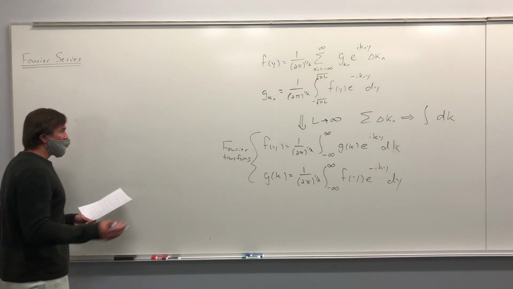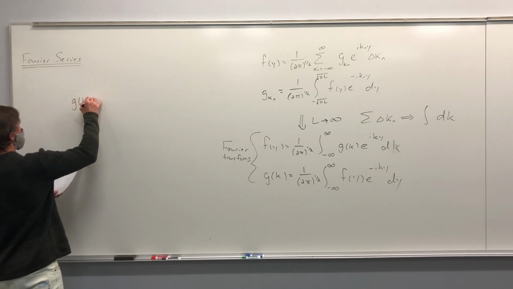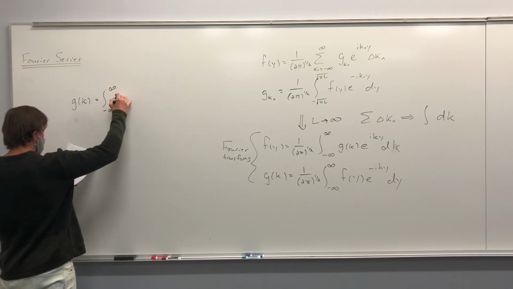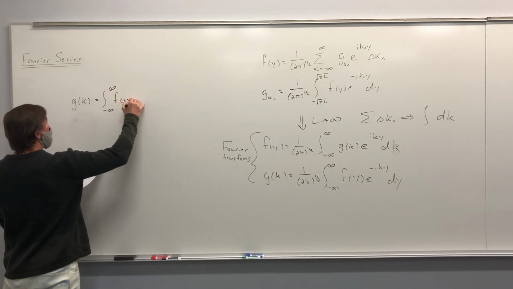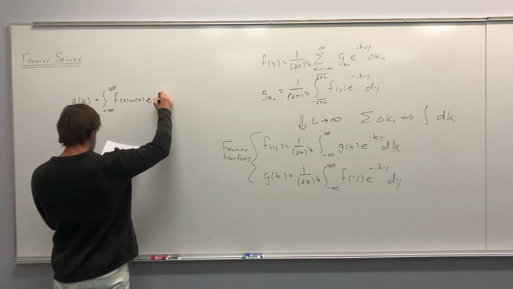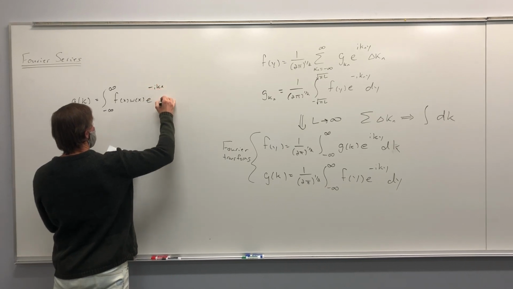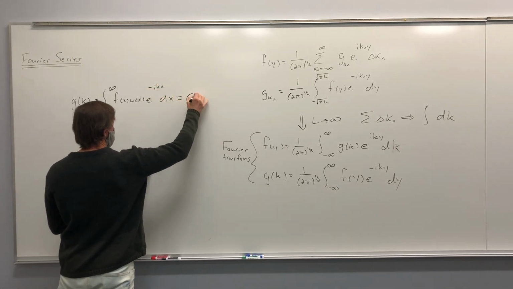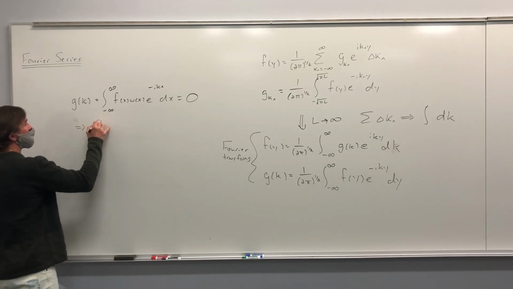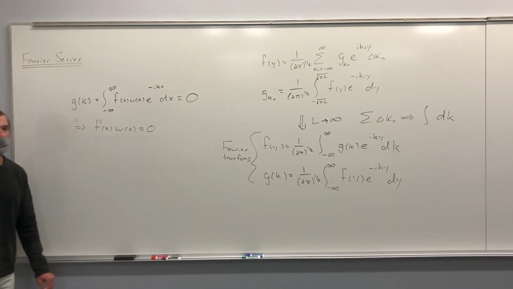You might or might not remember this, but in the Sturm-Liouville theory, we found that we had a function g of k, the integral from minus infinity to infinity of f of x, w of x, e to the minus ikx dx. And it equaled 0, and I argued that this implied that f of x w of x equals 0.